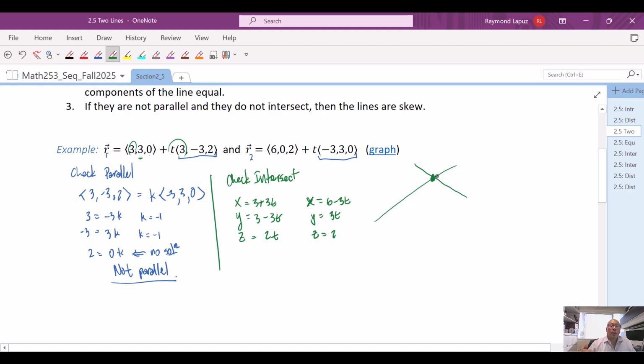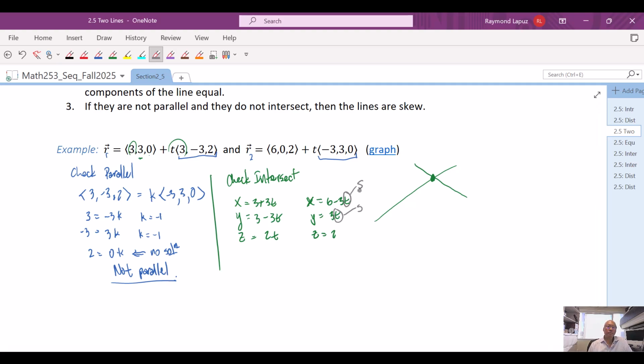So we want to account for the possibility that the time for line 2 to hit this point of intersection might be different from the time that line 1 will intersect. So we want to change this parameter into a different parameter, and usually we use something like s.